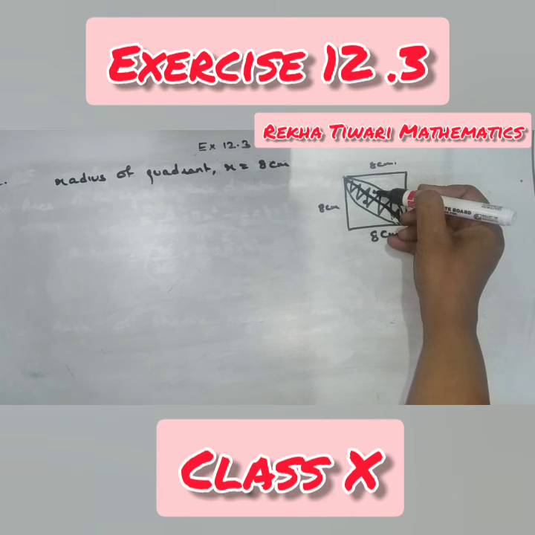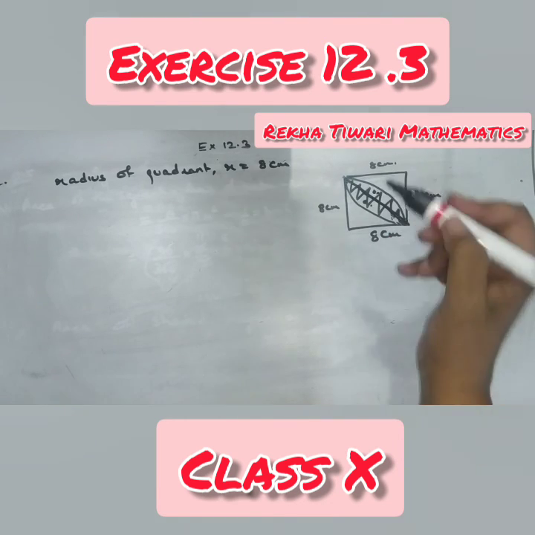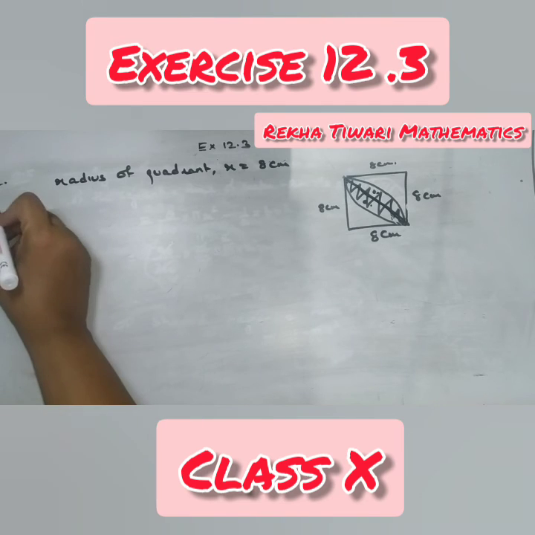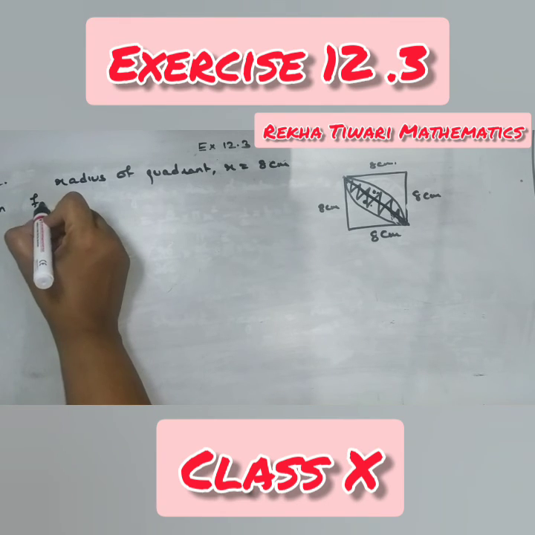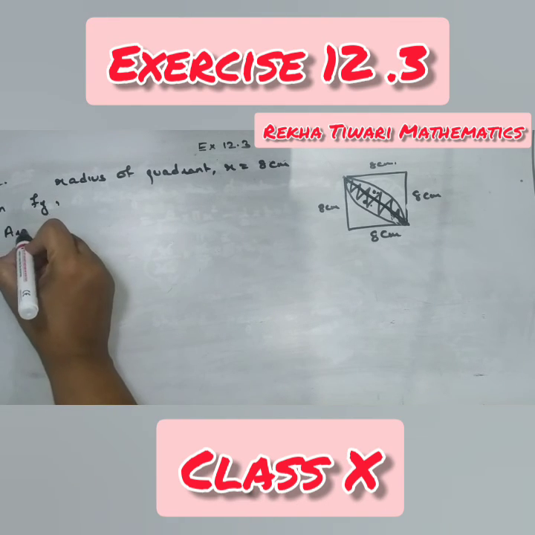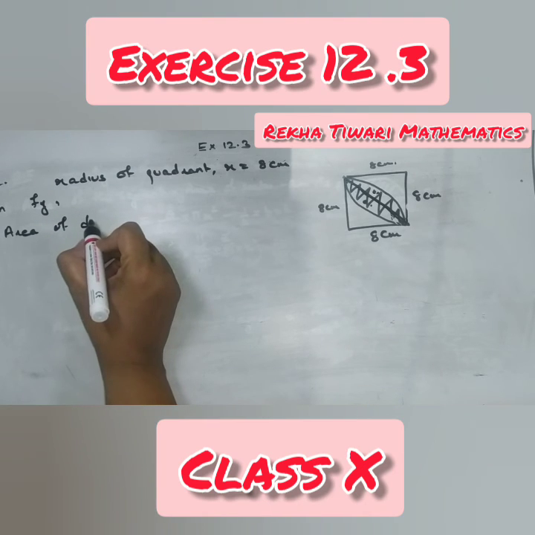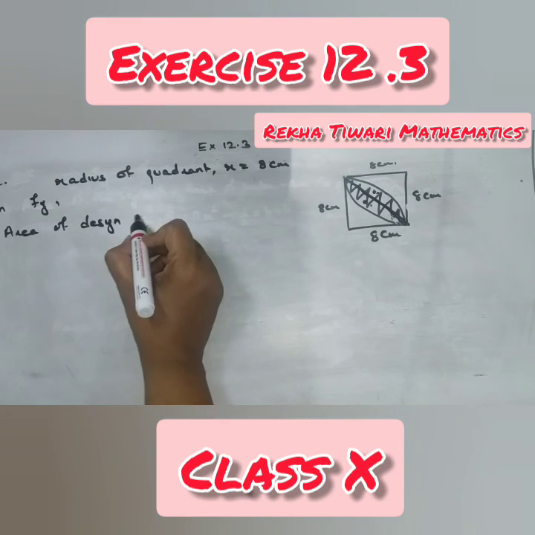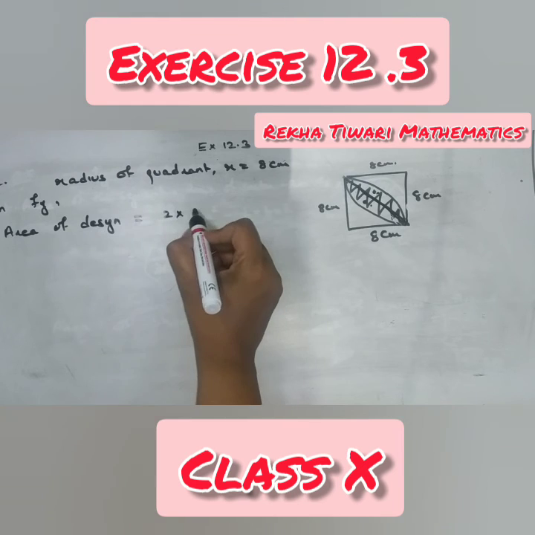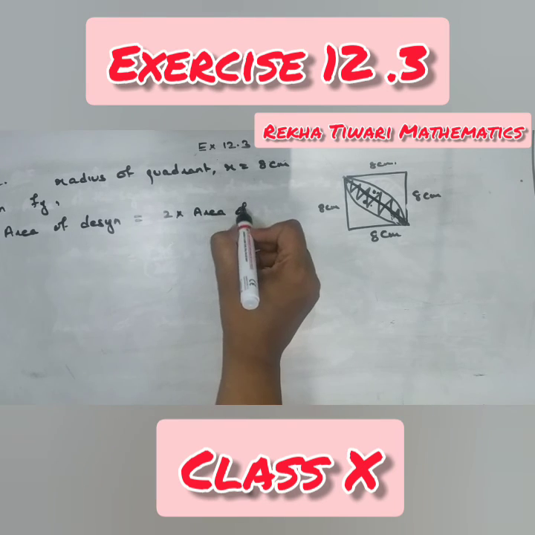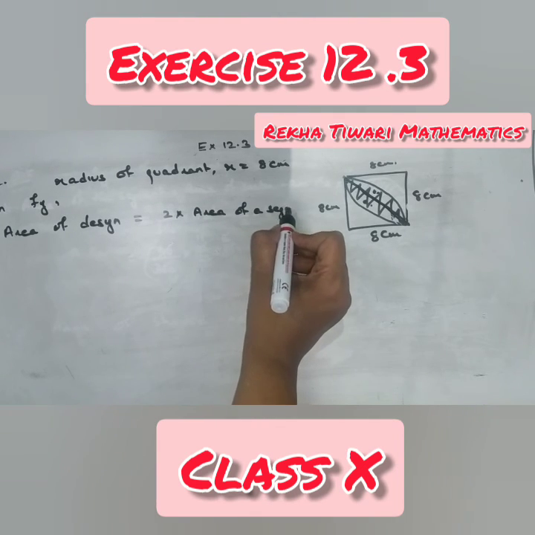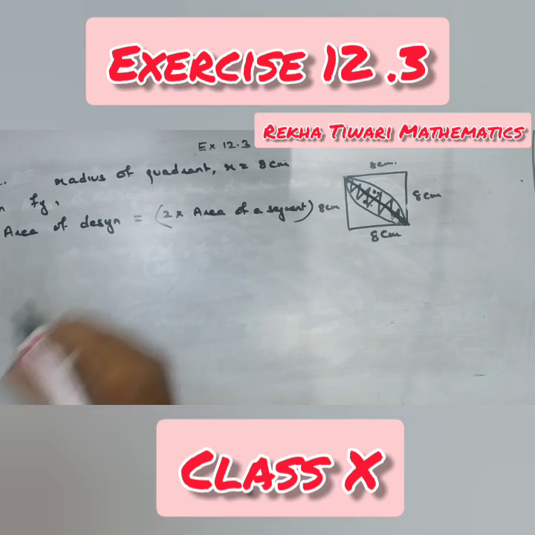Let us find the area of one segment, and if I multiply this by 2, I will get the area of the design. So in the figure, area of design is equal to 2 into area of a segment.